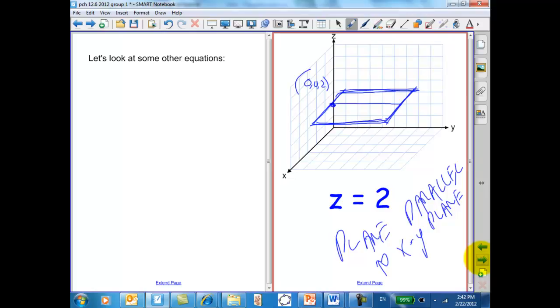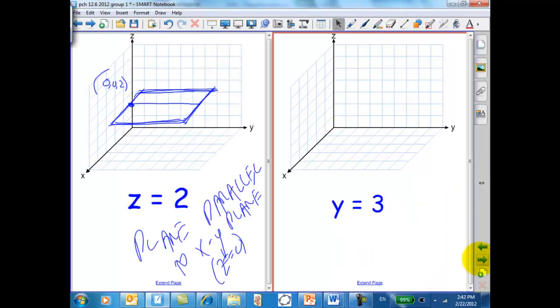What's the equation of the XY plane? Z equals 0, right? So we see that parallel idea again. If you keep the same coefficients on your variables, you can come up with a parallel plane by just changing your constant term. That's a big part of what we get to later on in graphing planes. Okay, y equals 3.